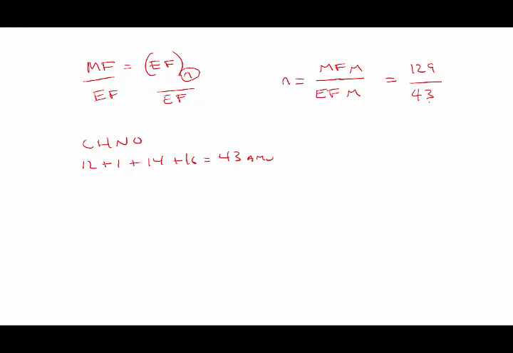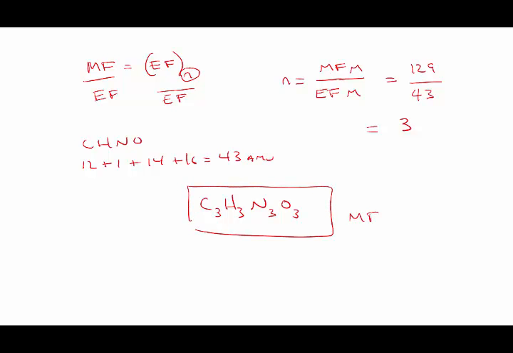Dividing the empirical formula mass into the molecular formula mass, I get that our multiplier of N is going to be 3, meaning that the molecular formula is going to be C3H3N3O3. And that is the molecular formula, and the CHNO was the empirical formula.